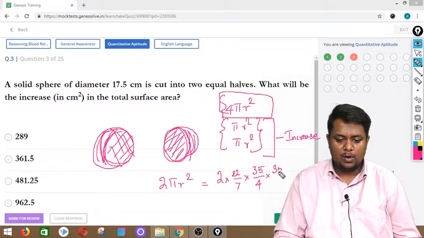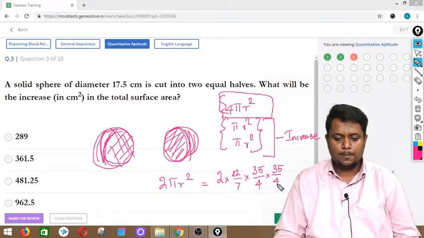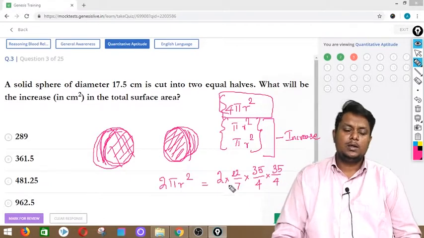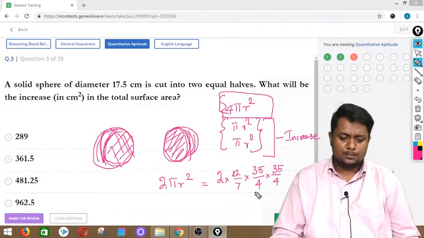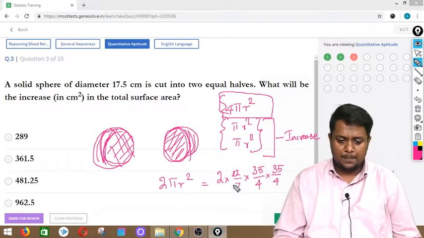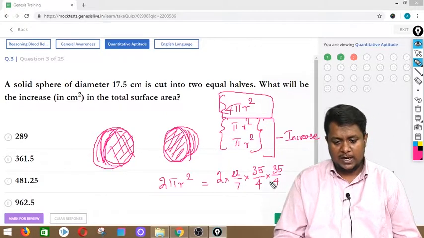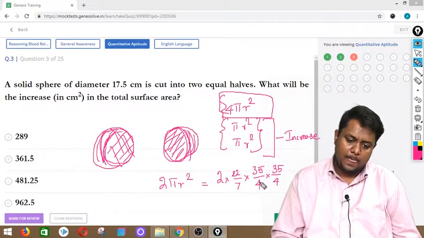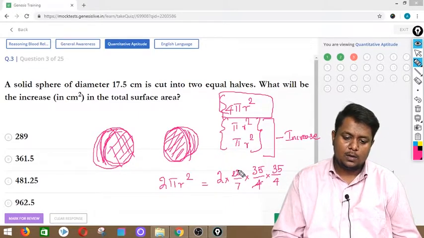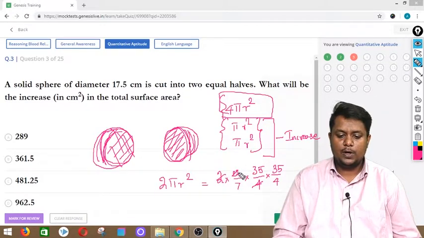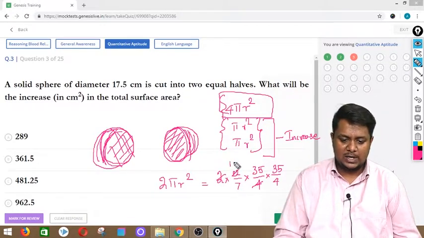Another 35 by 4 because it is radius square, right? So I am keeping everything in fractions to help me solve the calculation in an easier way. Now 2 into 22 is 88, 88 by 4 is again 44 by 2, which is 22. 44 by 4 is 11.